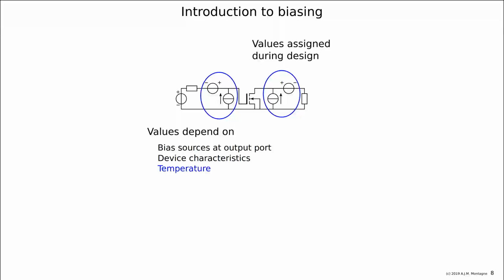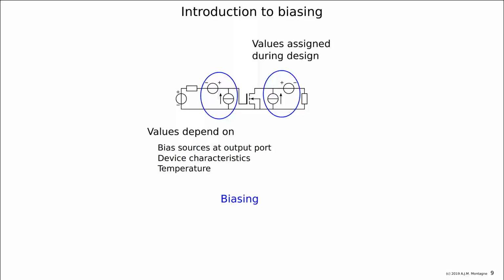If we have a different device or we have tolerances over the chip, so one device is a little bit different from another, we need other devices to have the same operating point at the output port. And of course, if the temperature changes, we need to adapt those sources such that the biasing at the output port is still stable, has still the same value. This is what biasing is about.